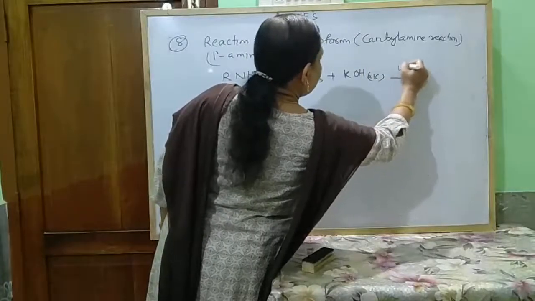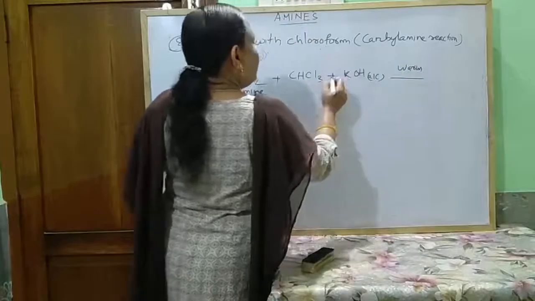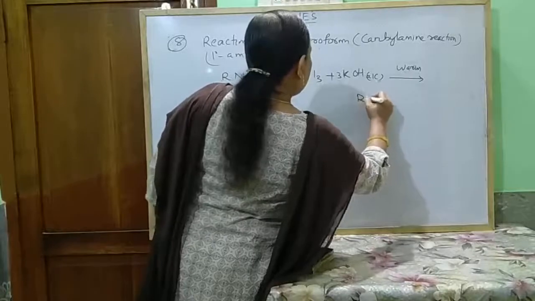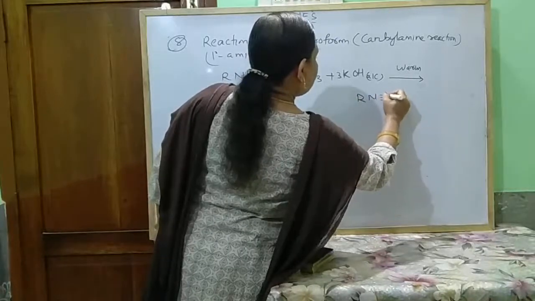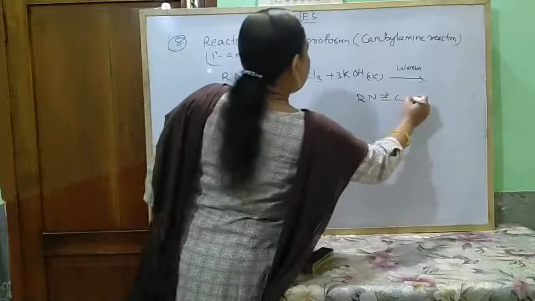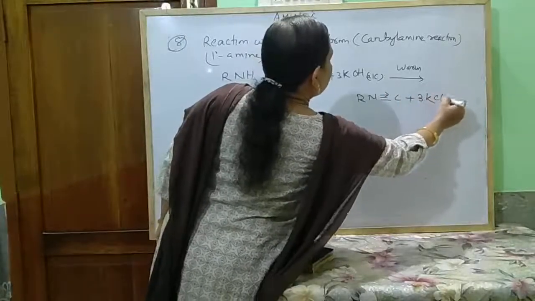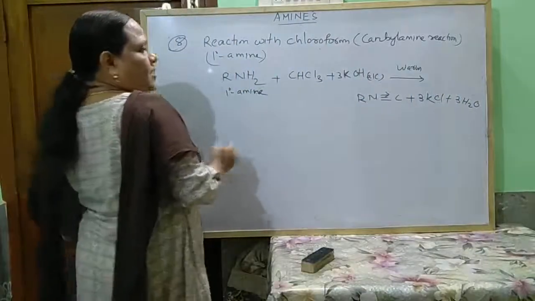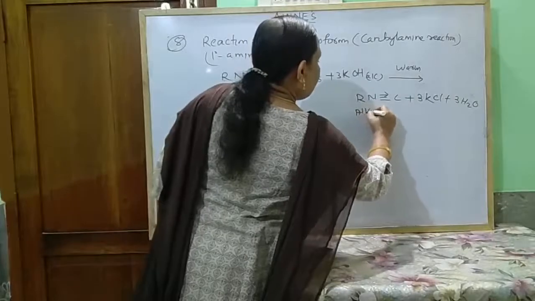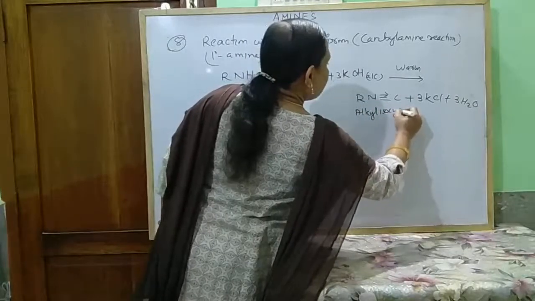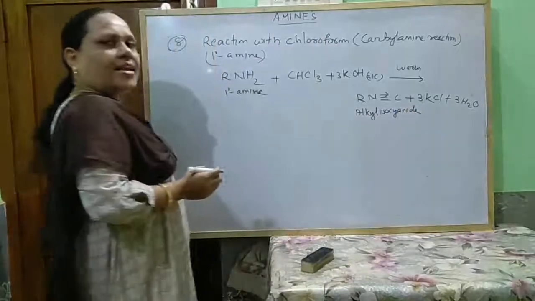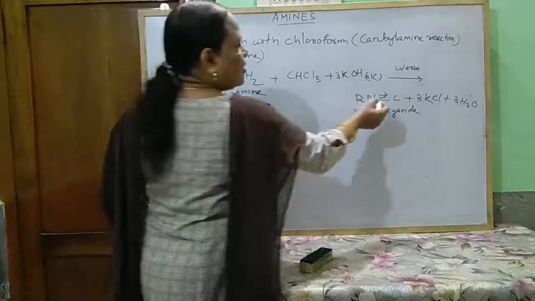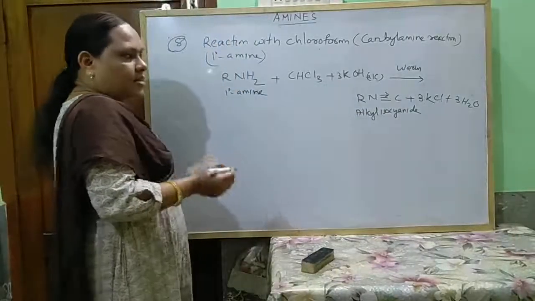When this is warmed, it gives rise to RNC, alkyl isocyanide, plus 3 potassium chloride plus 3 H2O. This alkyl isocyanide has a very foul, bad smell. This is a very unpleasant smell, that is intolerable.